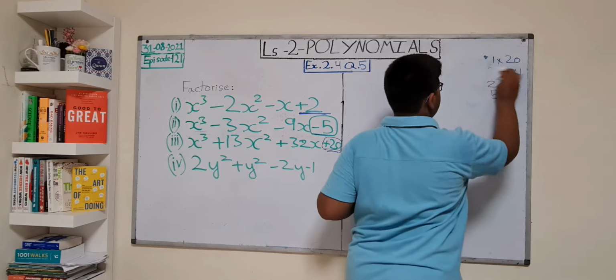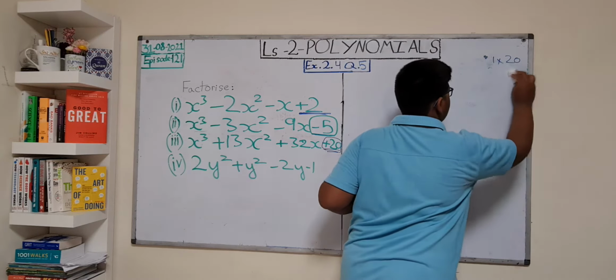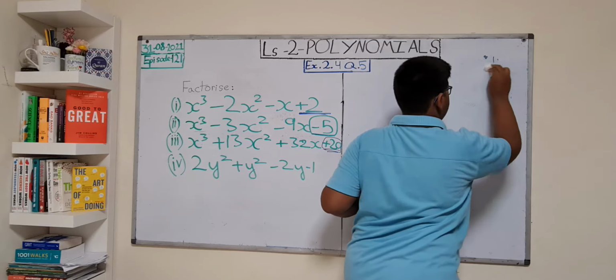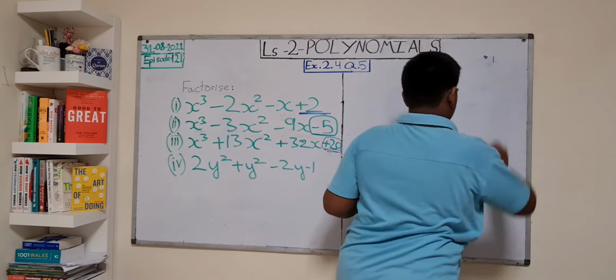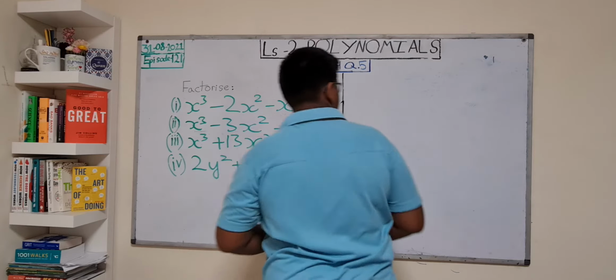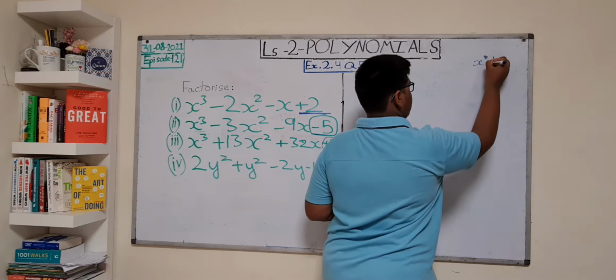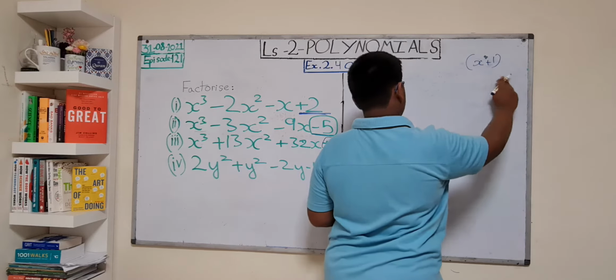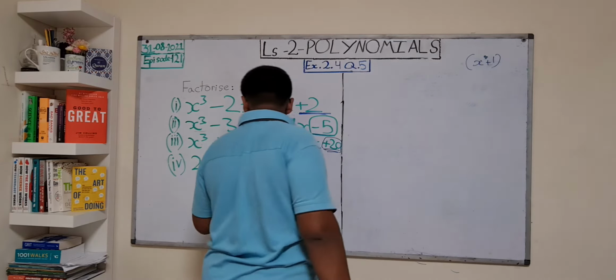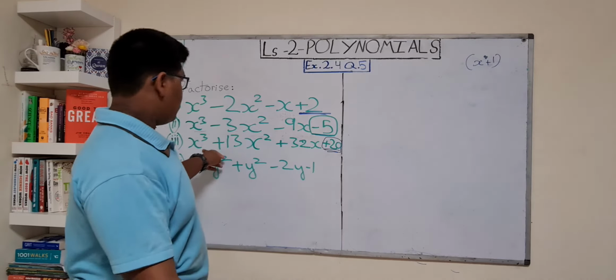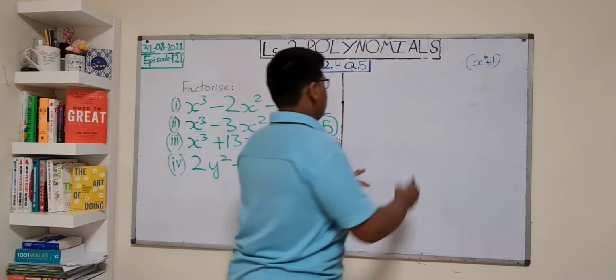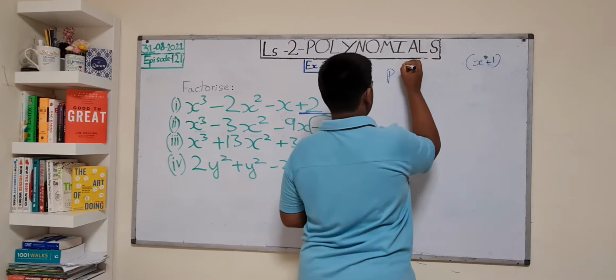Now let's try with 1. Okay, we will try with 1 first. If we take x plus 1, let's try to solve this whole question with x plus 1. Okay, so we are going to use the remainder theorem.